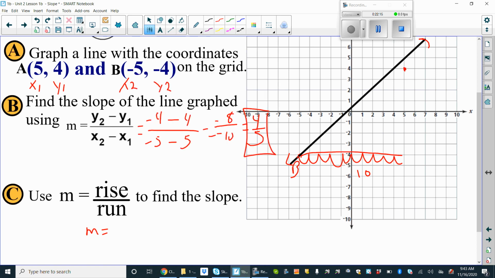So obviously our line now is off, but we will now create our path to that point. So our run is 10, and our rise is 1, 2, 3, 4, 5, 6, 7, 8. So our rise over our run is 8 over 10, which simplifies to 4/5, which is the same.